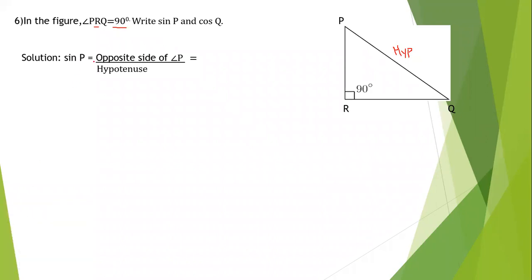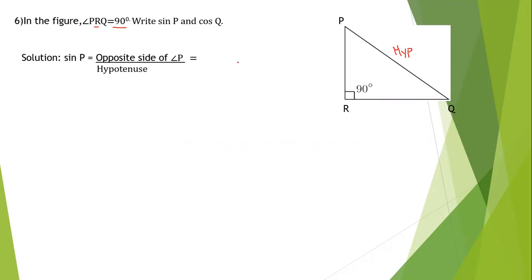So first of all, we will write sin P equal to, then write the formula of sin theta. So sin P is equal to opposite side of angle P upon hypotenuse. I'm repeating again, writing of formula is also important and you have to learn all the formulas.